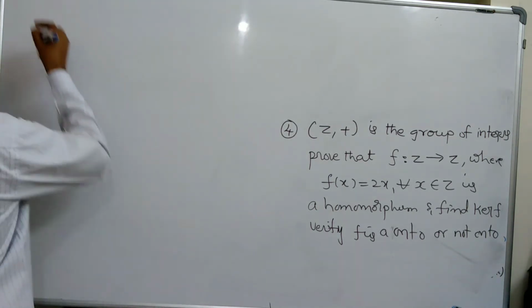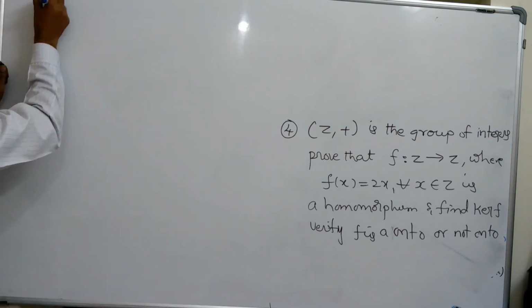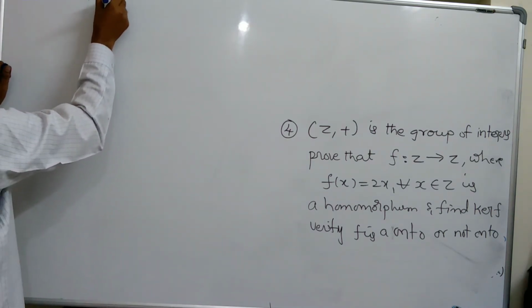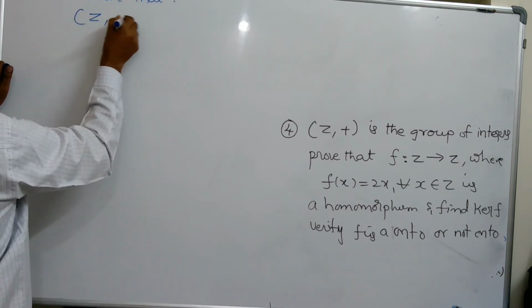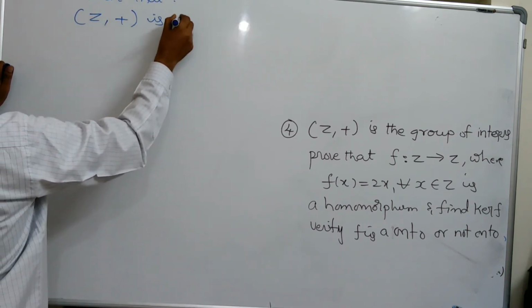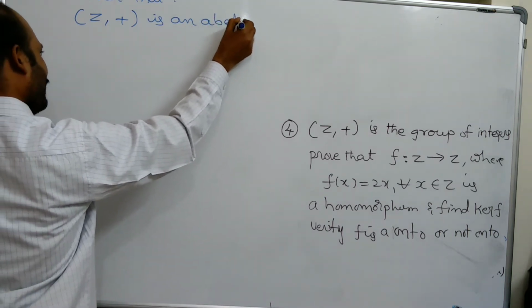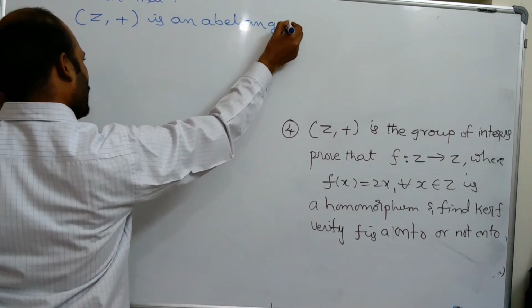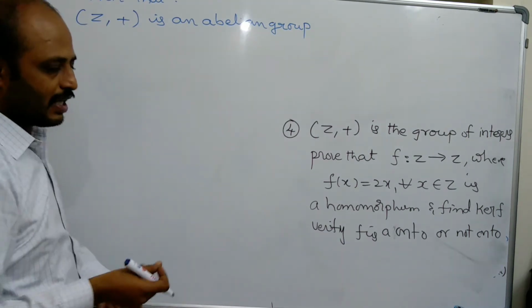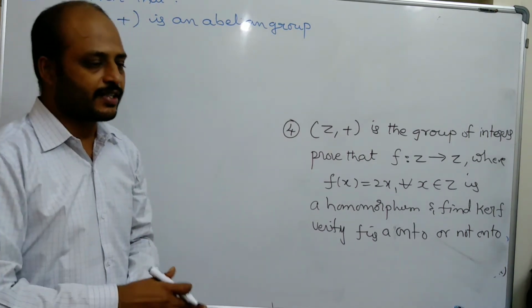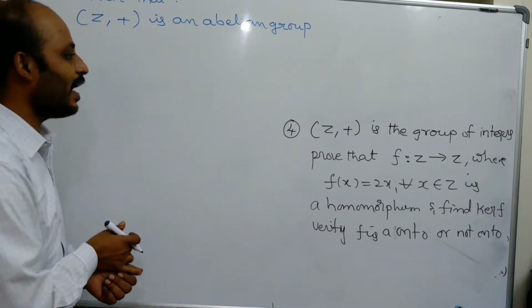Given that Z with respect to plus is an abelian group. We know that the set capital Z of integers is an abelian group under addition.